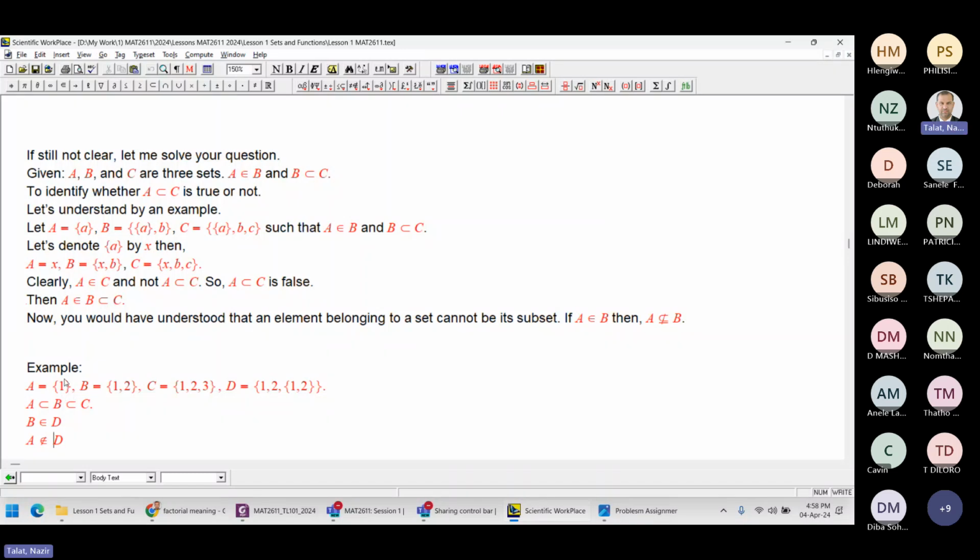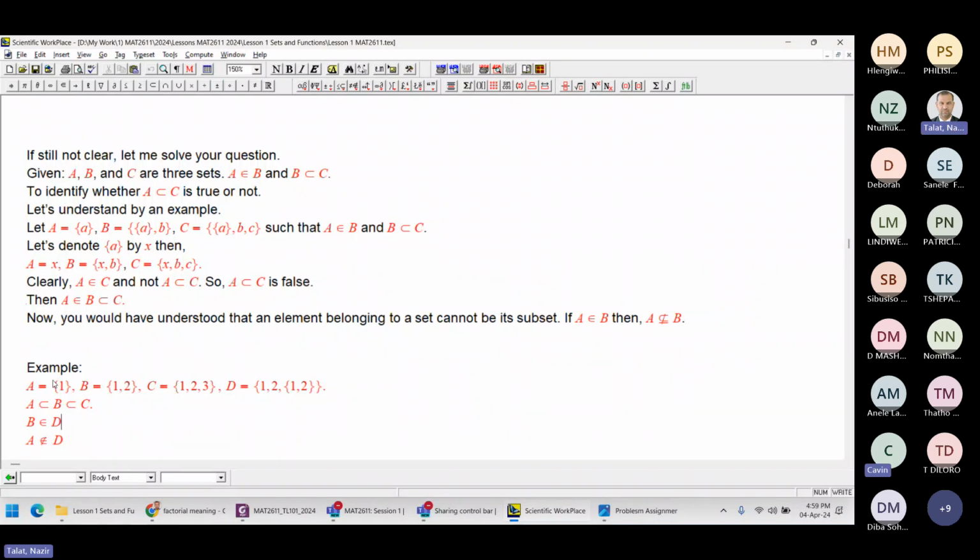Because B is itself an element. Suppose you say this is Y. If this is Y, then Y does not belong to D. And what about B? We can say that B belongs to D. C and D are distinct. So yes, this makes sense and gives the information.